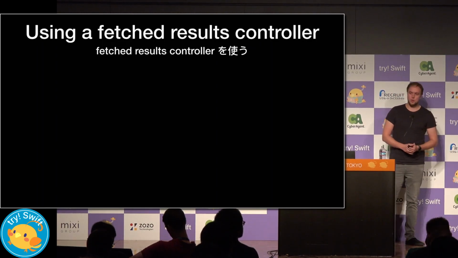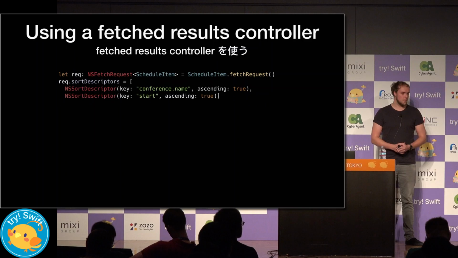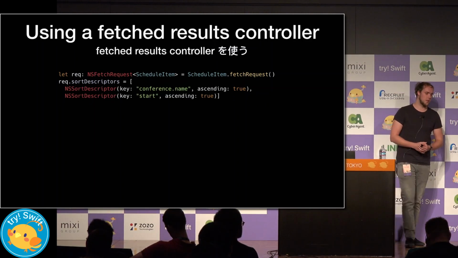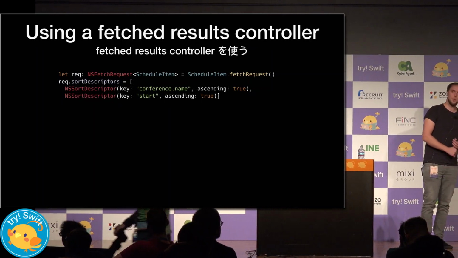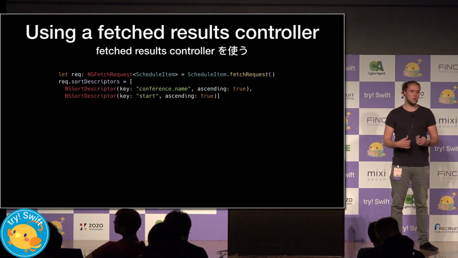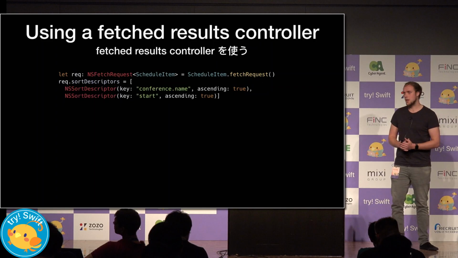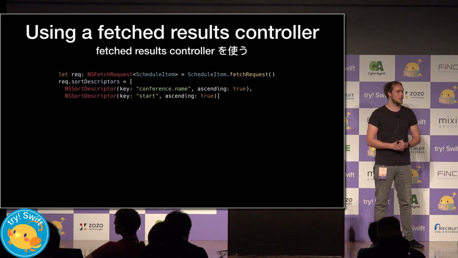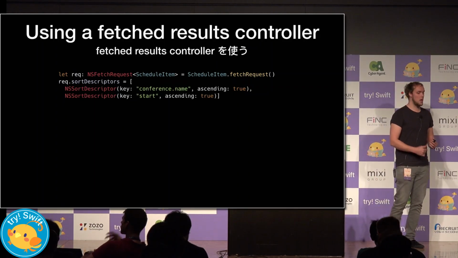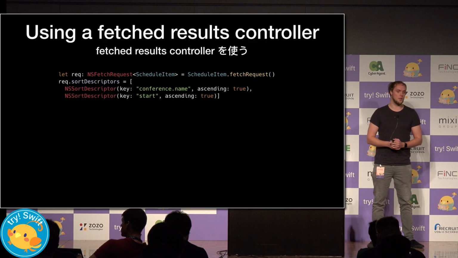To set up a fetch results controller, you need a couple of things. The first one is a fetch request. A fetch request describes what object Core Data should fetch from the database for you and a bunch of properties. So in this case, you're looking at some code that requires all schedule items for a conference app to be fetched, and it will sort it by the conference's name and also by the start time of the schedule item.